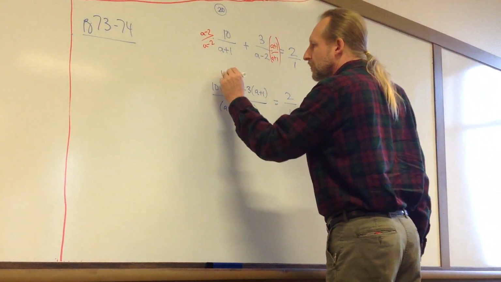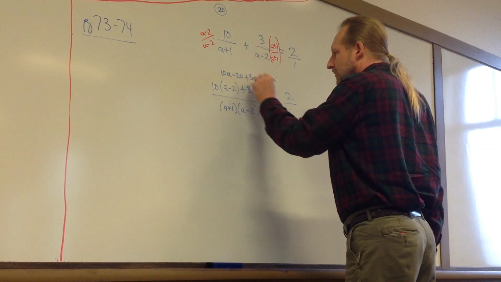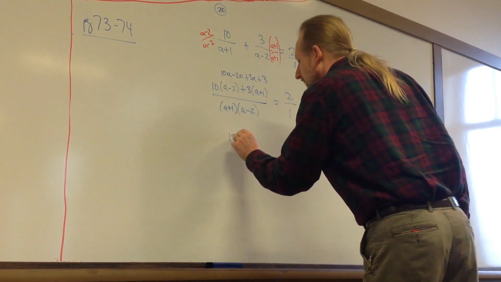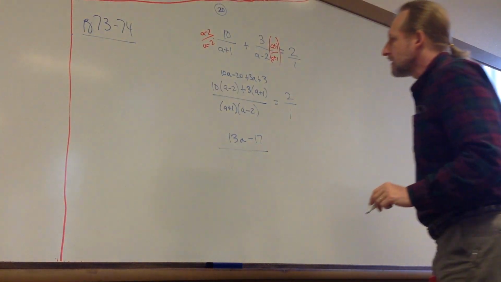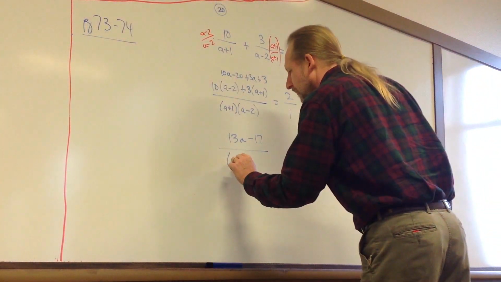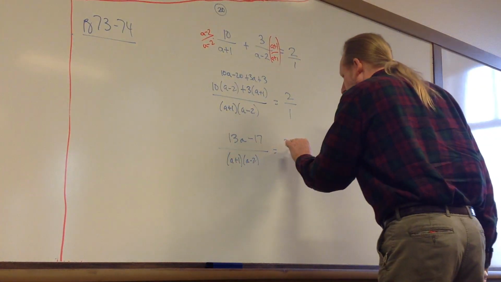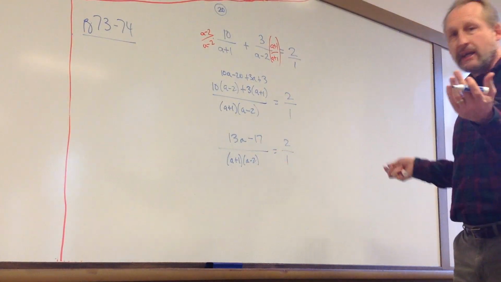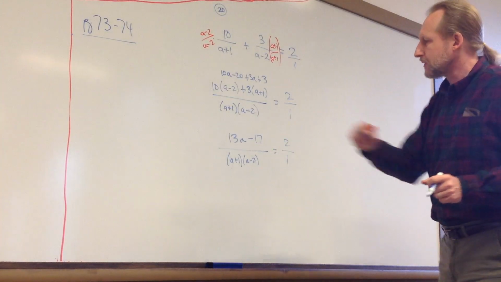Okay, so this will be 10a minus 20 plus 3a plus 3. So that'll make 13a minus 17 over a plus 1 times a minus 2, and then this will be 2 over 1. Okay, so now we've got it set up the way that we wanted, a fraction equal to a fraction. Now we can cross multiply.